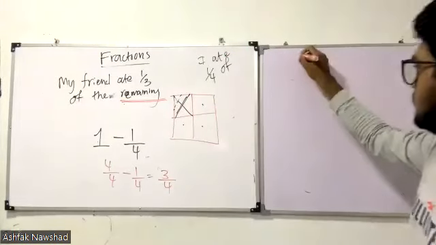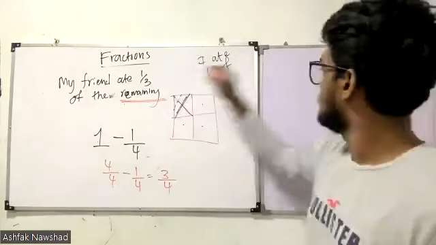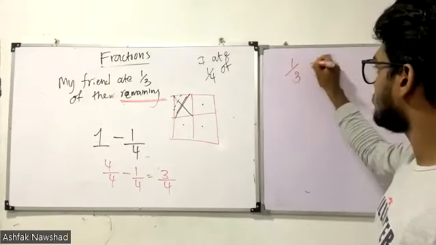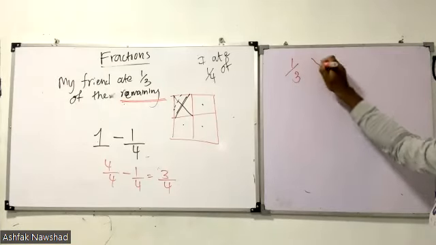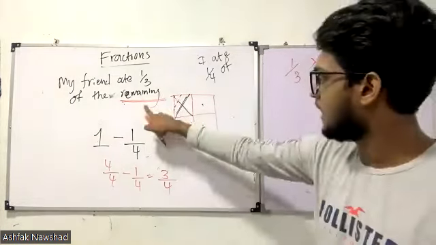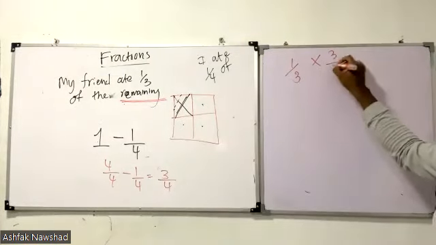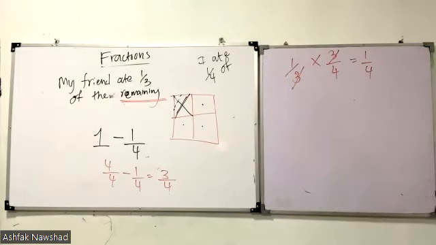You have 3/4, right? This is the remaining part. My friend ate 1/3 of it. What is the mathematical symbol of "of"? Of means multiplication. So my friend ate 1/3 of the remaining. So my friend has actually eaten 1/4 of the whole chocolate.